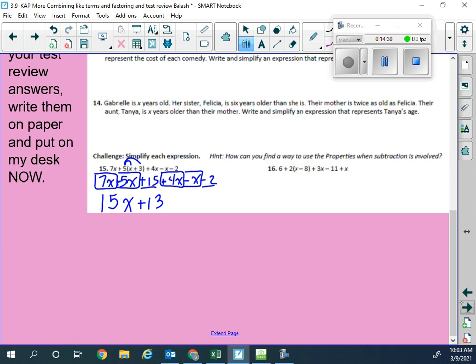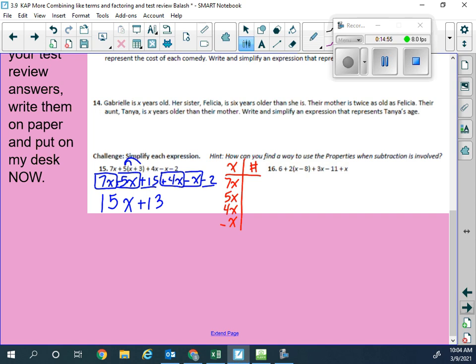I want to show us another way to do this one, and that's going to help. A minute ago, when we were adding, I think we lost track of our problem. If you will just make yourself a little T-chart, not x and y, but x and numbers. Okay, do this with me. In the x column, let's write down all of our x terms. We had 7x, 5x, 4x, and negative x.